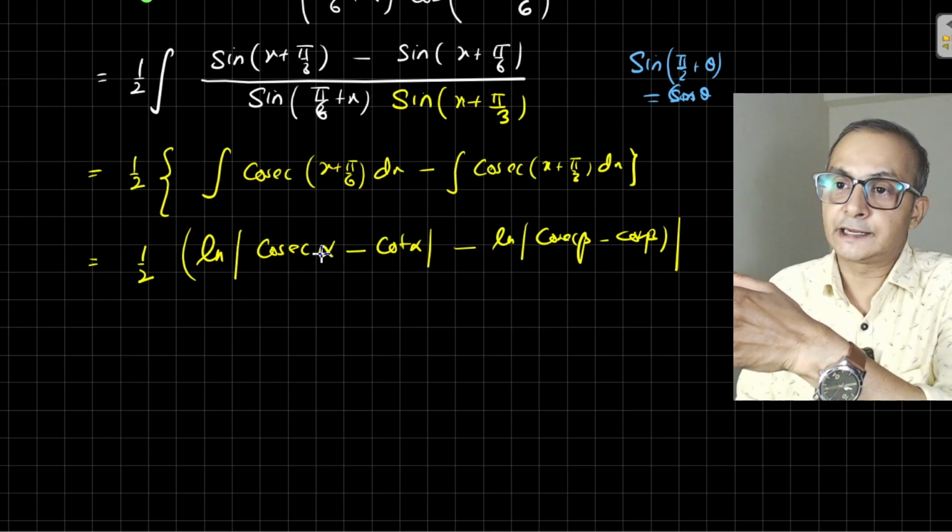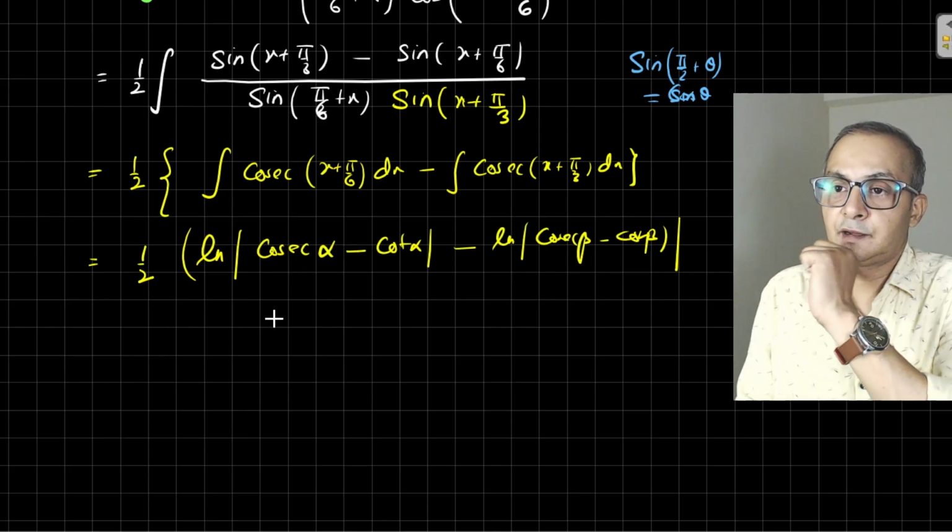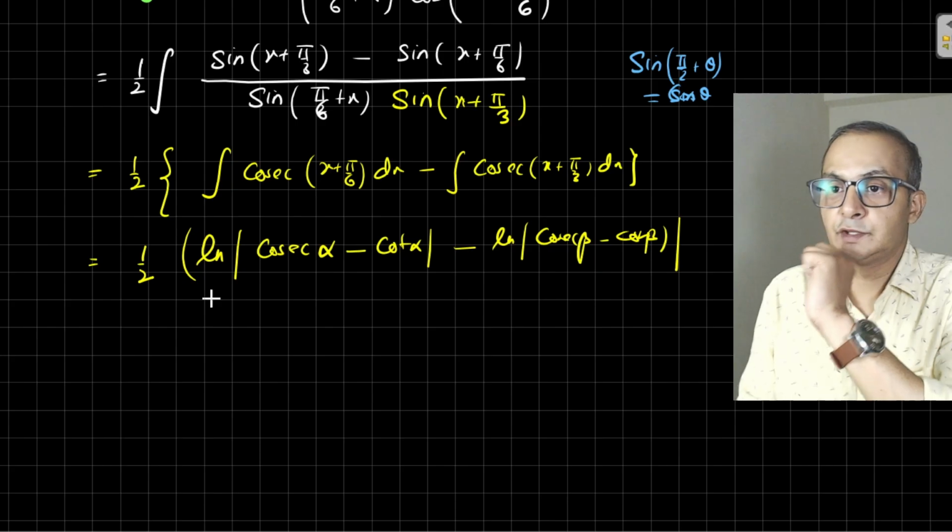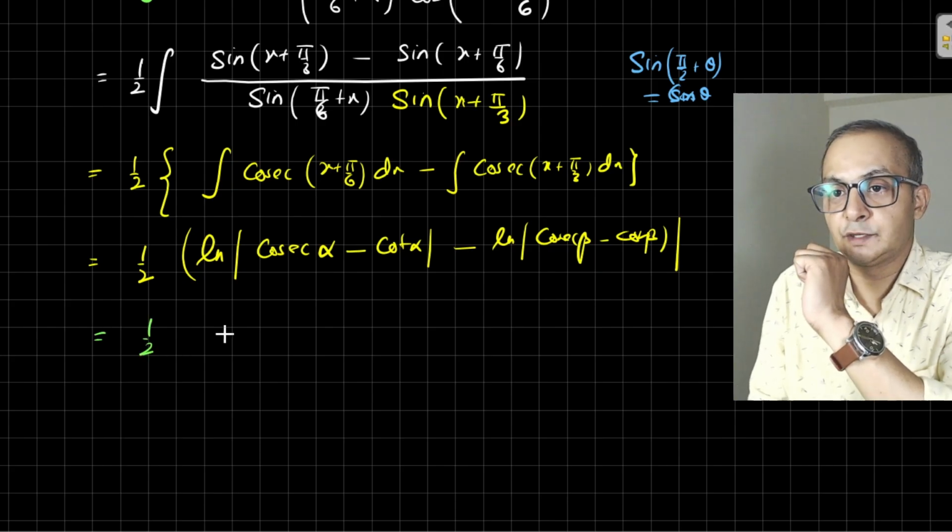So this will be directly tan of alpha by 2. It means I can write here tan of x by 2 plus pi by 12.